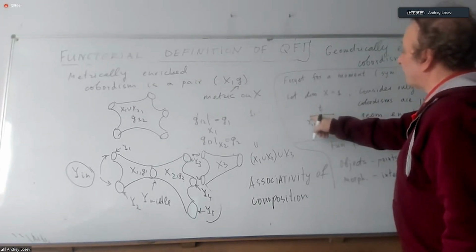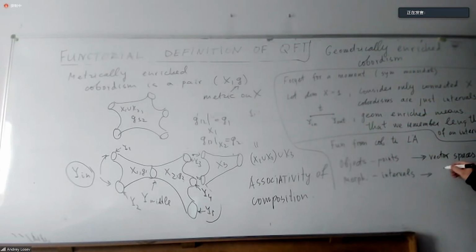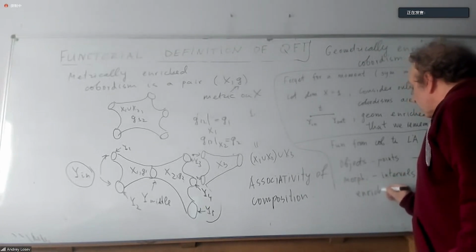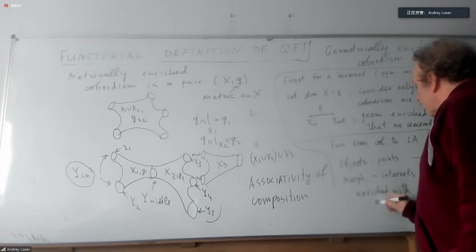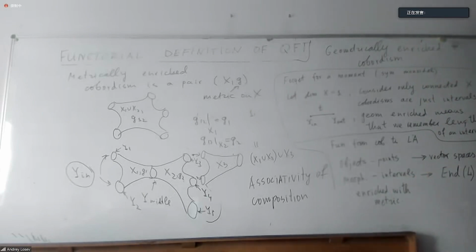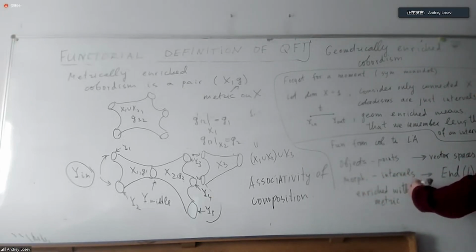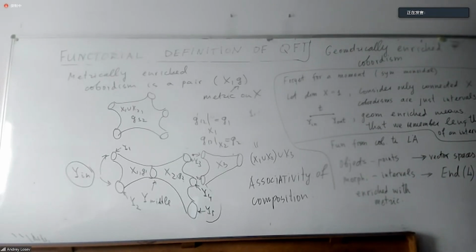Since I have basically the same point, it would be just endomorphisms of L. Now, intervals enriched with metric should go to endomorphisms, so the functor takes values in endomorphisms of L times functions on R plus.